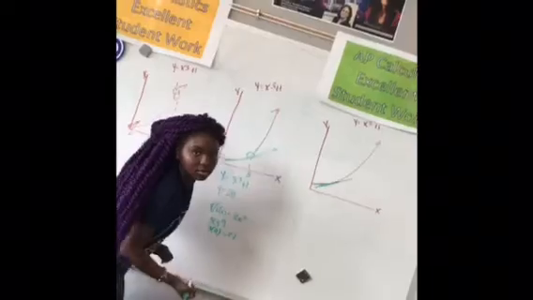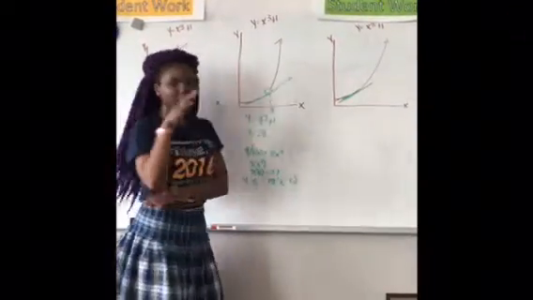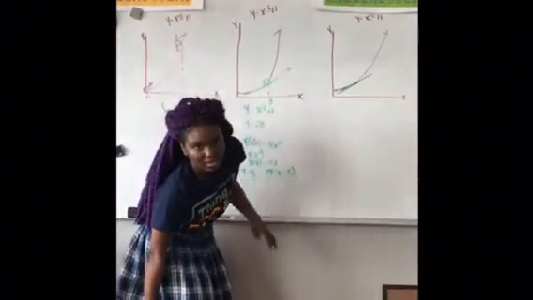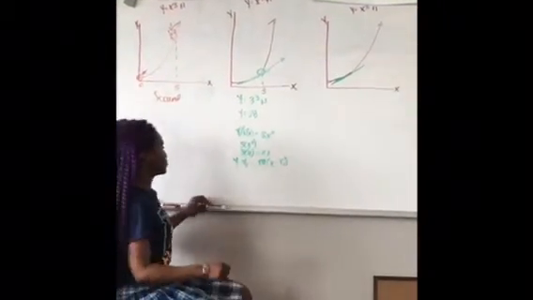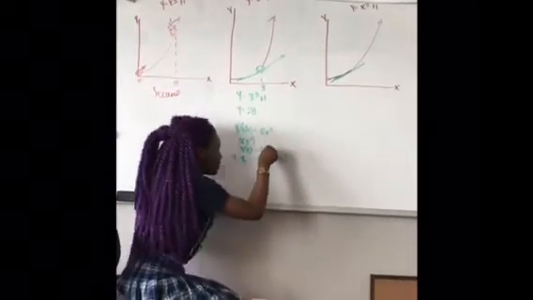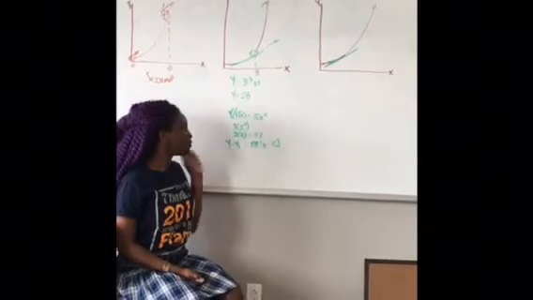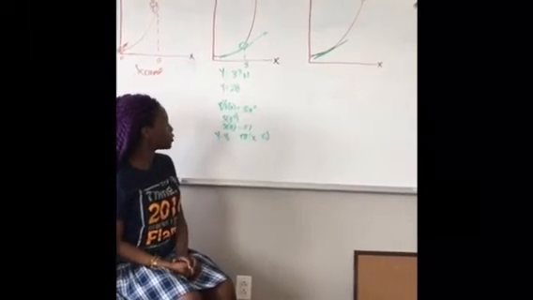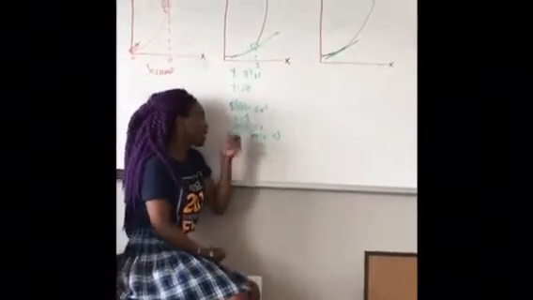Is that right, people? My people said it was right. So you have your 27, which is the slope, you have your 28, which is the y1, and you have your x, which is 3.